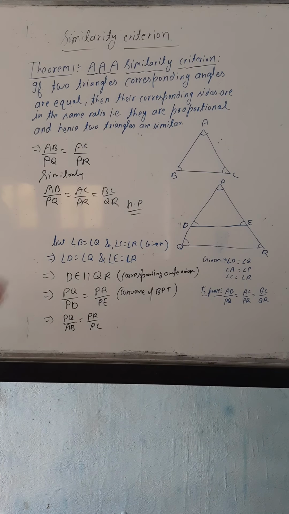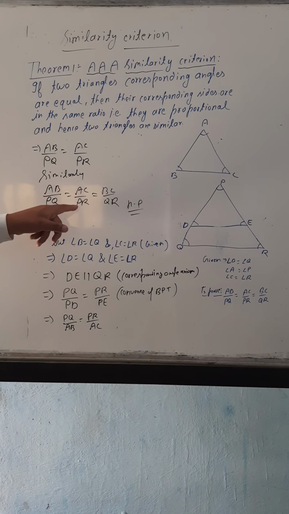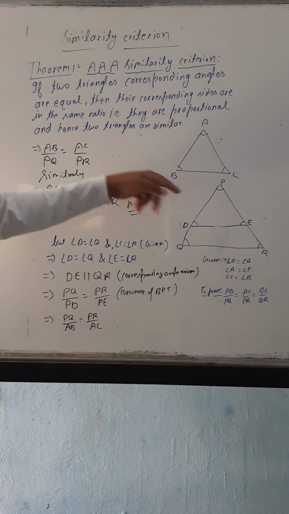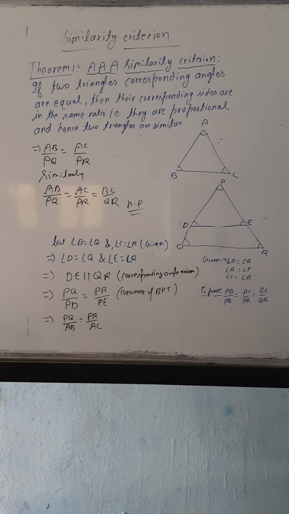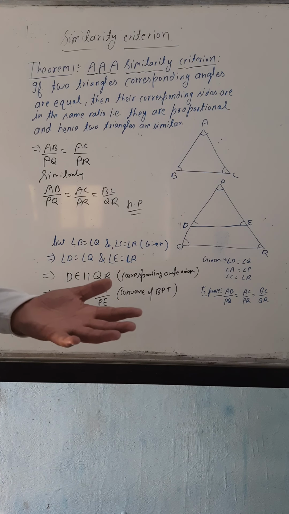Okay, now look here. The ratios of the corresponding parts are the same: AB by PQ, AC by PR, and similarly BC by QR. So the corresponding parts are in the same ratio. What does it mean? It means that both the triangles are similar.